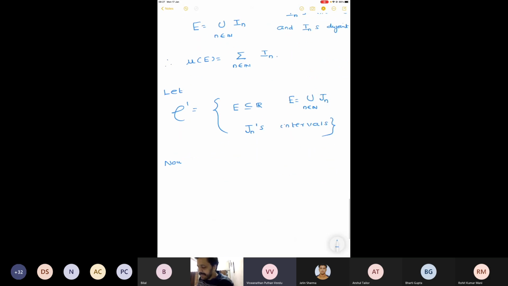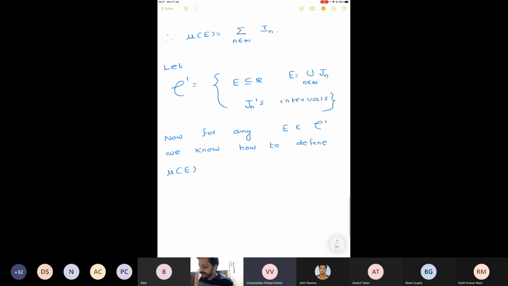Now, for any E in C dash, we know how to define mu of E. So from script I, the length of each element in script I, we pushed our measuring facility up to C dash. Now I can define the measure of any subset of R which is a union of intervals.